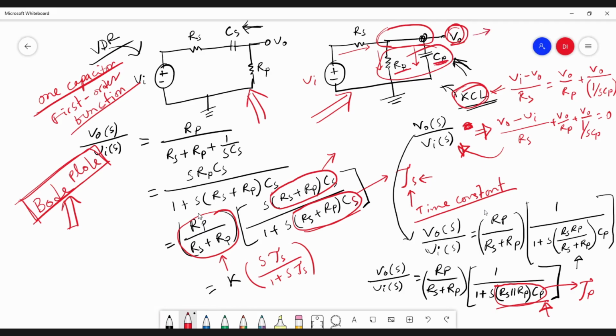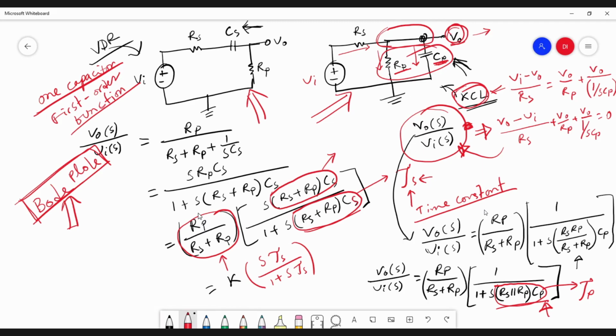I just use the parallel, they have the same voltage. It's up to you, you can analyze in any way. Then you can find V naught by Vi, and you should get the same thing because the transfer function cannot vary.